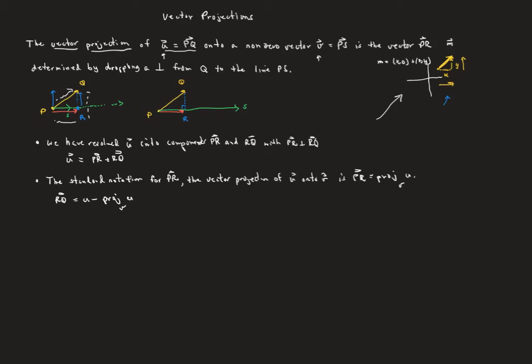Okay. So I may need a new screen for this. I'm going to move to a screen here, and we're going to ask the question now, how do we find this projection vector of U onto V?